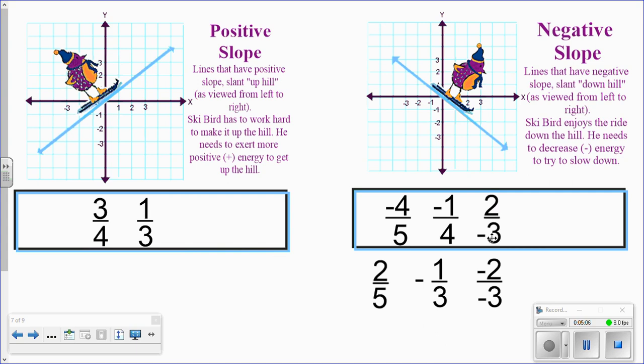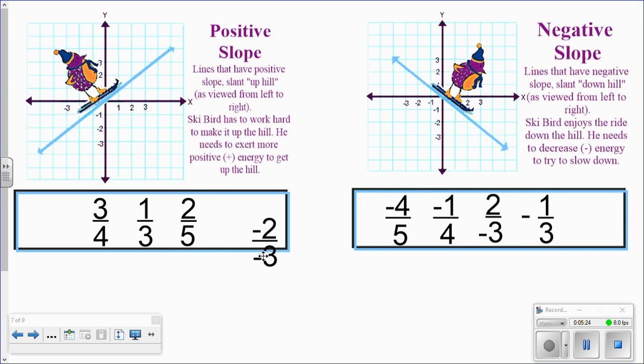In this one, the numerator is positive, but the denominator is negative, so it's a negative slope. In this one, my numerator and denominator are positive, so it's positive slope. This one has the negative in front of it, so it is negative slope. And this last one is negative over negative, so negative divided by negative is positive.